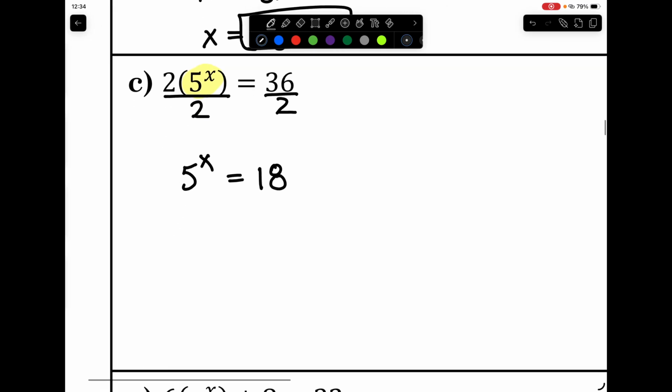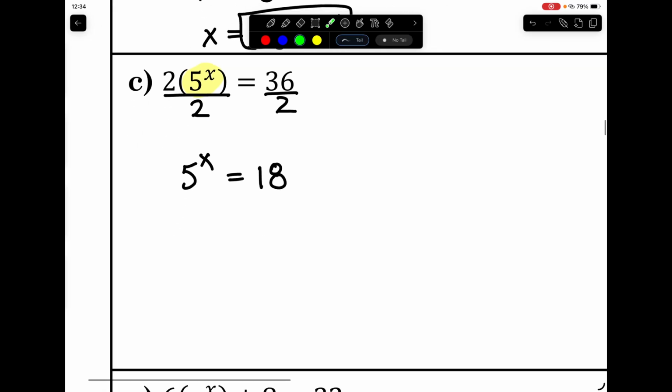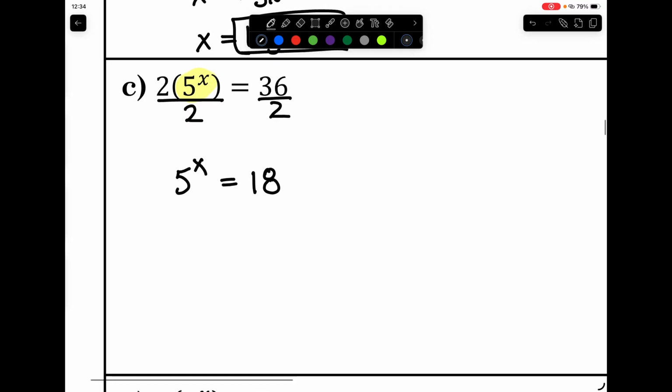So in this example here, because our power is a base 5, we have two options. We can use the log base 5 or we can use the natural log. I'm going to use the log base 5. It just makes it easier, and then I'll just simplify the solution later by using the change of base property.